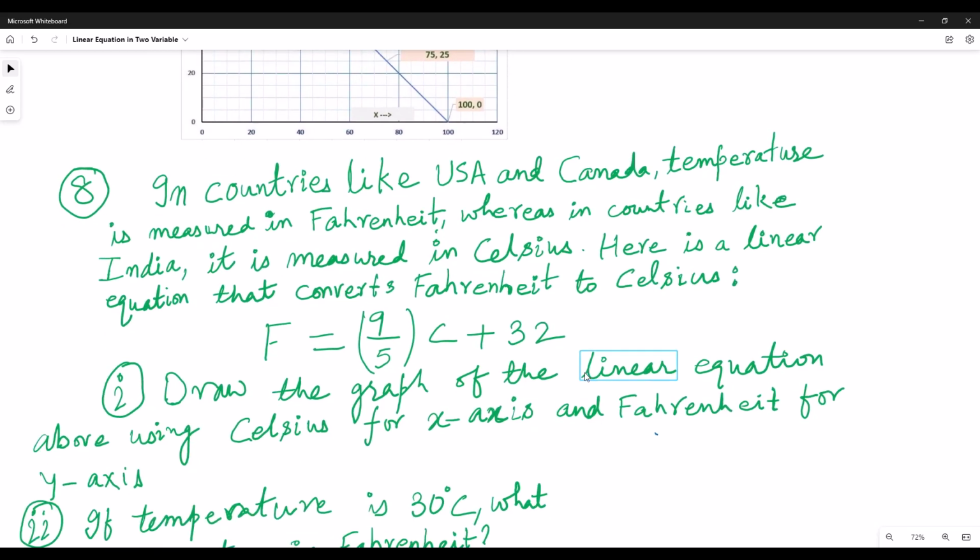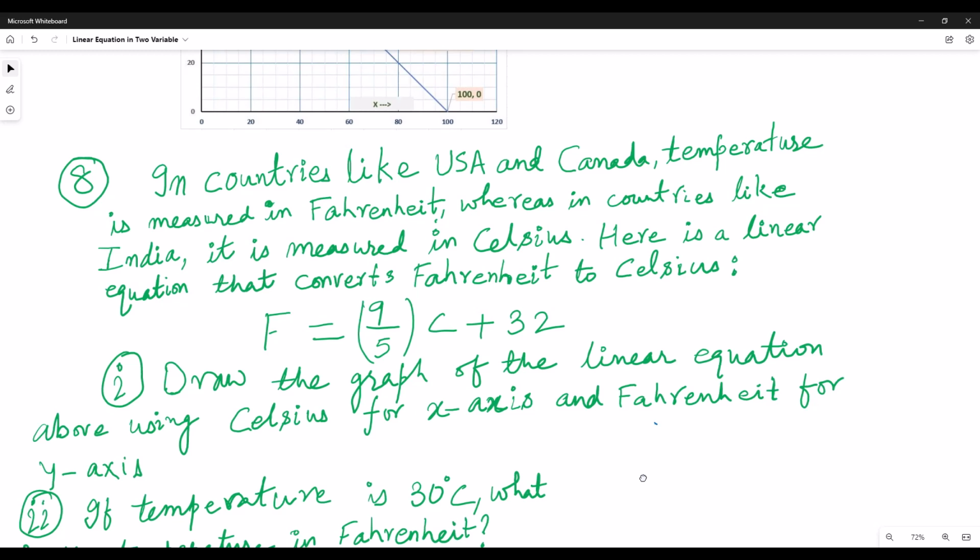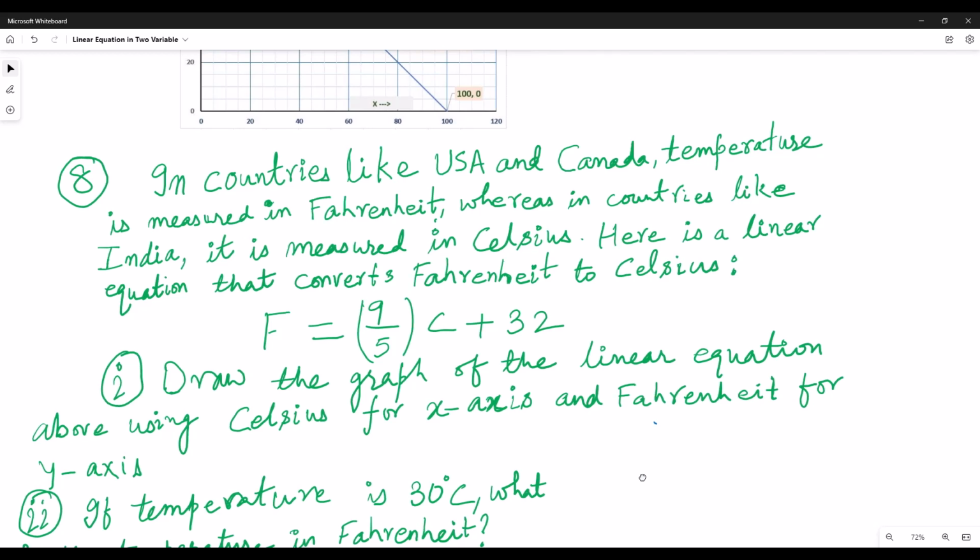In countries like the USA and Canada, temperature is measured in Fahrenheit, whereas in countries like India, it is measured in Celsius. Here is a linear equation that converts Fahrenheit to Celsius. The units of temperature are Fahrenheit and Celsius. Generally in India we use Celsius, and in the USA and Canada temperature is measured in Fahrenheit.